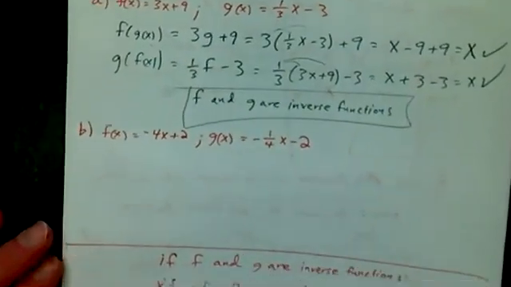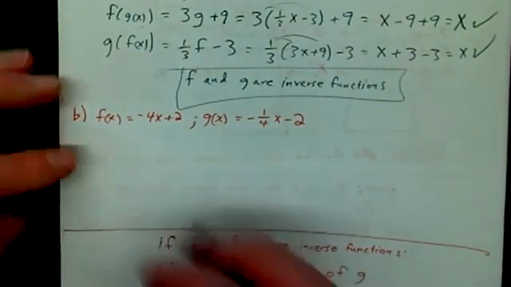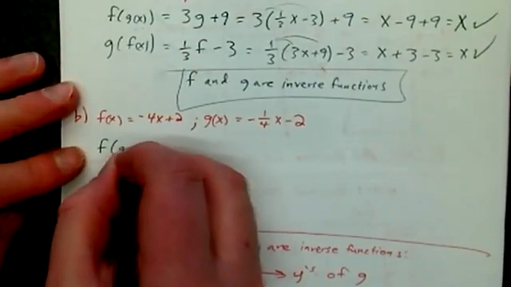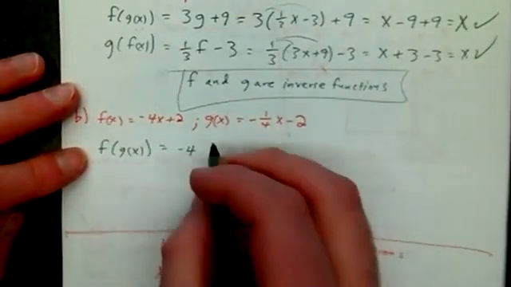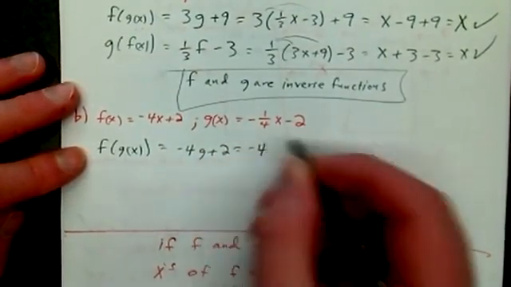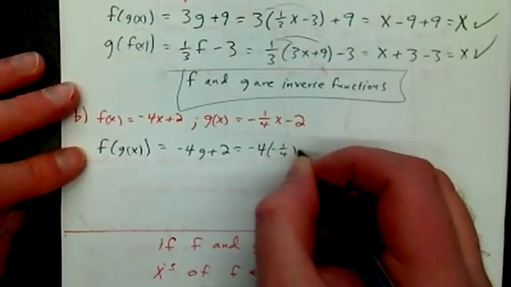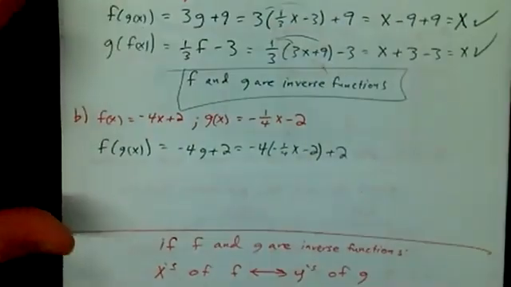Let's try this other one. f of x equals negative 4x plus 2. g of x equals negative 1/4 x minus 2. So f of g of x, that's going to be negative 4 times g plus 2. This equals negative 4 times negative 1/4 x minus 2, plus 2.